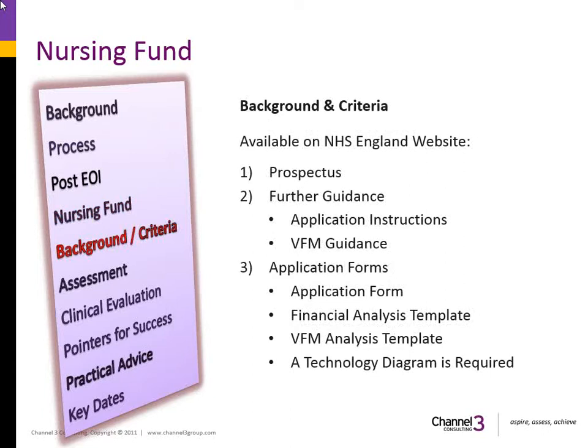There is some VFM guidance as well, and this is particularly important. It sets out what should be included in the costs. It mentions that the 2013-14 pay and price levels should be used. It talks about the discount rate. The discount factor that must be used is 3.5%.